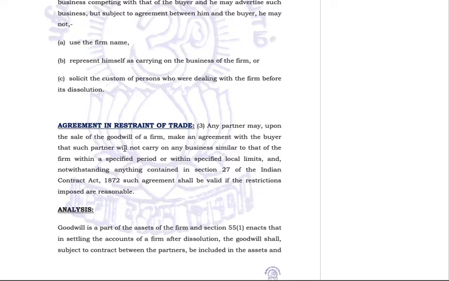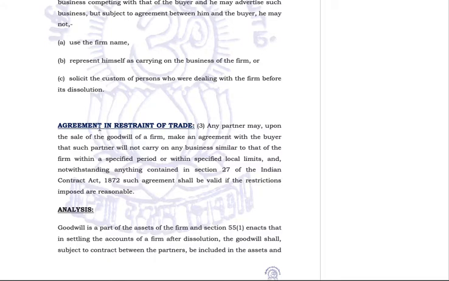Okay, agreement in restraint of trade. Any partner may, upon the sale of goodwill of the firm, make an agreement with the buyer that such partner will not carry on any business similar to that of the firm within a specified period or within specified local limits. And notwithstanding anything contained in Section 27 of the Indian Contract Act, such agreement shall be valid if restrictions imposed are reasonable.